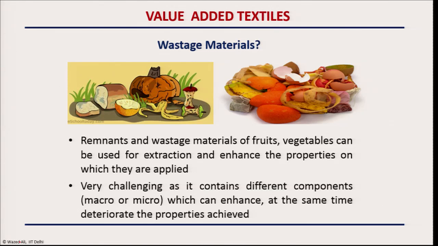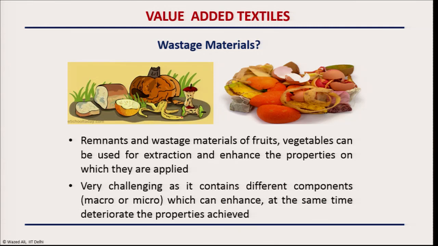There are many wastage materials which are very rich in different kinds of biomolecules, very active against different kinds of hazards, and which can be utilized in textile value addition. But the challenge with wastage material is, for example, orange peel: the orange grown in South India and the orange grown in East India are different varieties.